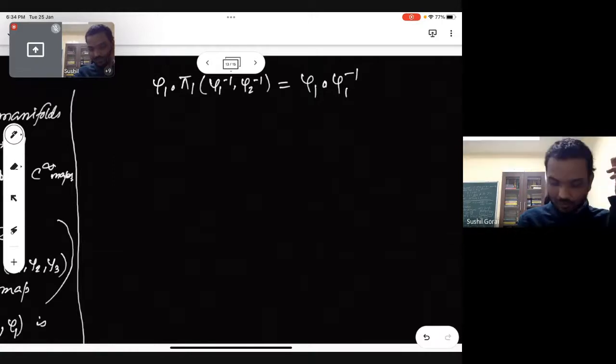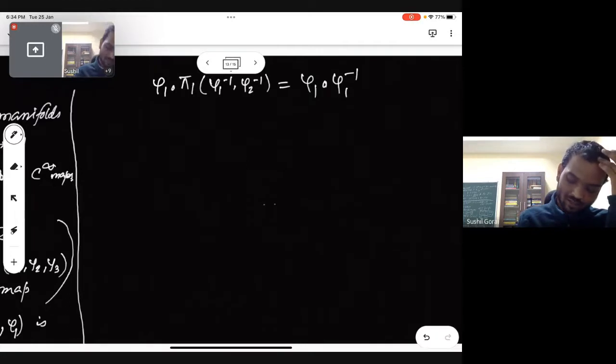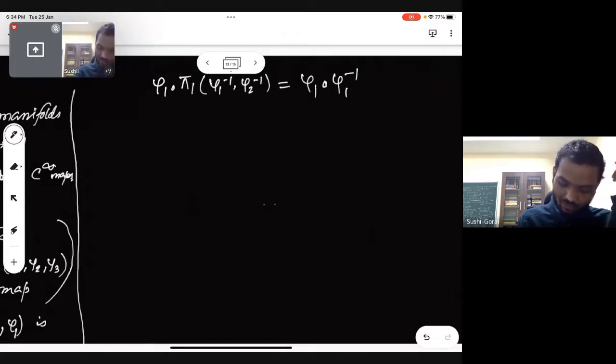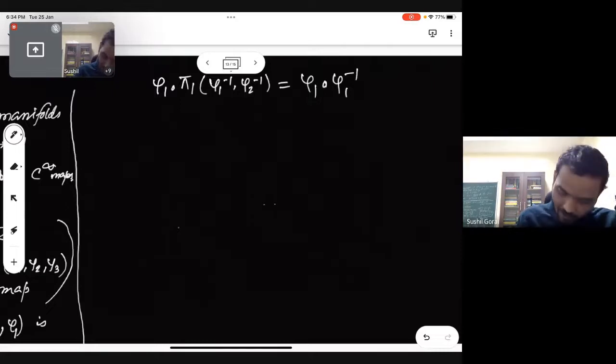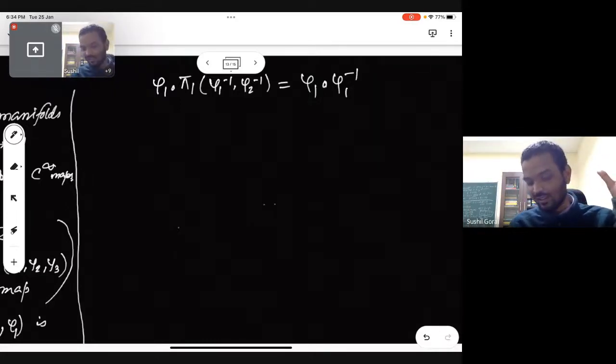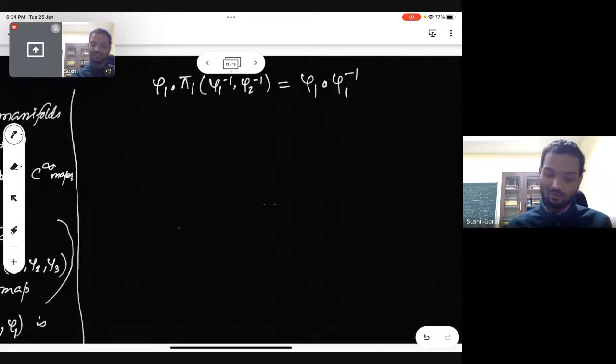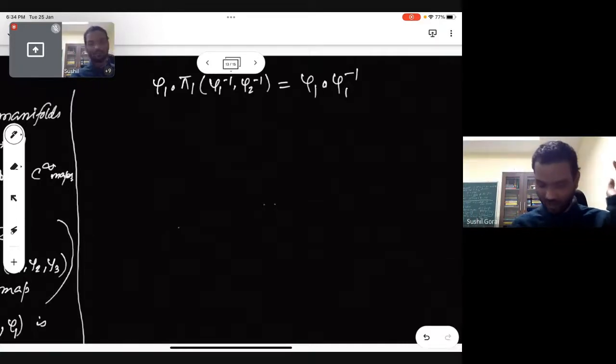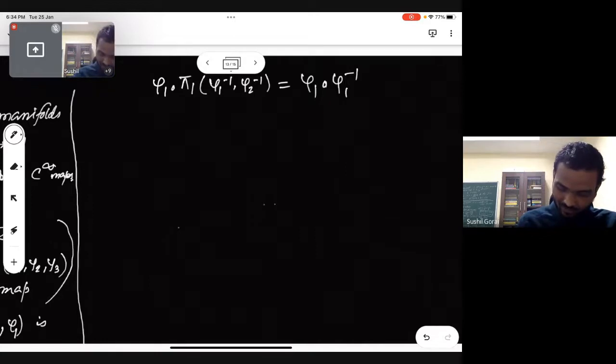If you put some point x comma y, phi inverse gives phi1 inverse x, phi2 inverse y, and we get x. So the result is the components of R^m only.